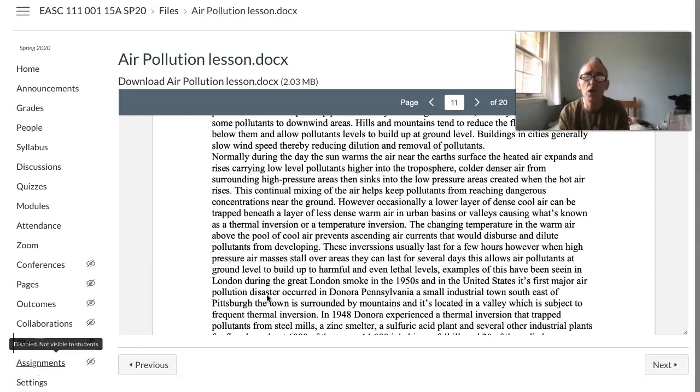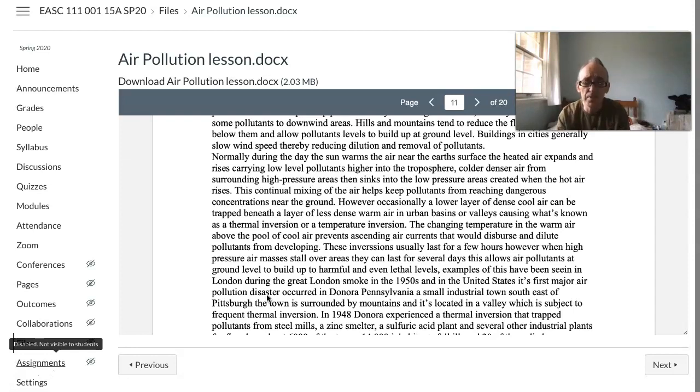So basically you've got almost like a cap over the pollutants. They're not rising up because you have warm air above them. These inversions usually last a few hours. However, when high pressure air masses stall over areas, they can last for several days. This allows air pollutants at ground level to build up to harmful, even lethal levels.